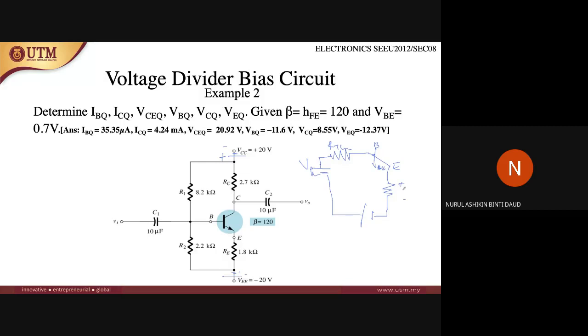So this is positive, this is negative, positive, negative. And this is RE. So this is negative, this is positive. Sorry. Yes. So VTH plus minus IB RTH minus VBE minus IE RE comes out positive, positive VEE.